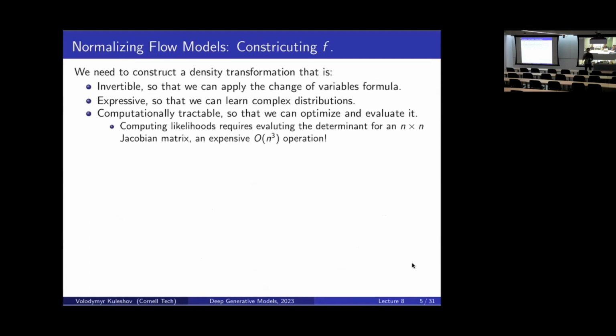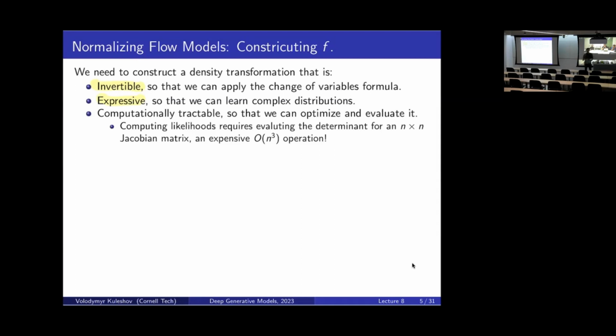We have to choose an f that satisfies some number of conditions. First of all, this f has to be invertible, because otherwise we can't apply the change of variables formula. It also has to be expressive. So it has to be able to remap a really simple distribution like a Gaussian into something extremely complex, like the distribution of all the images of human faces.